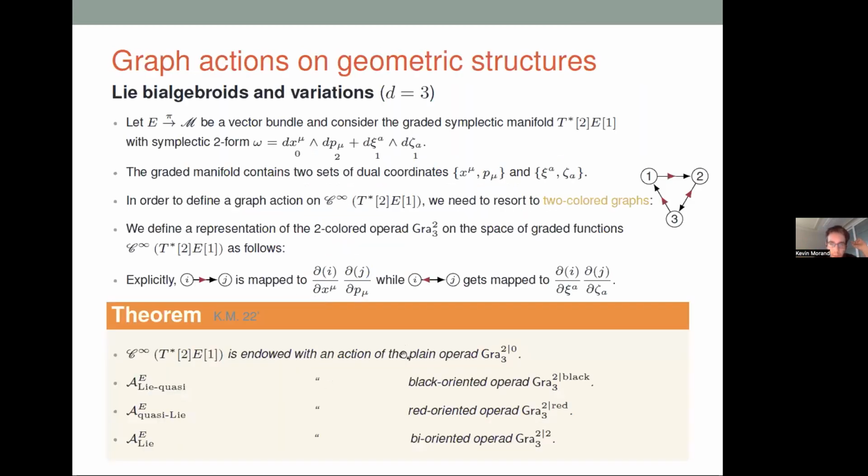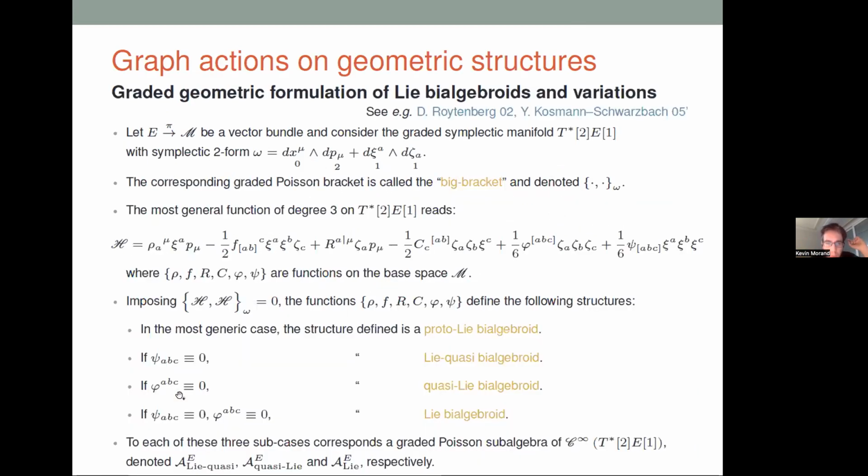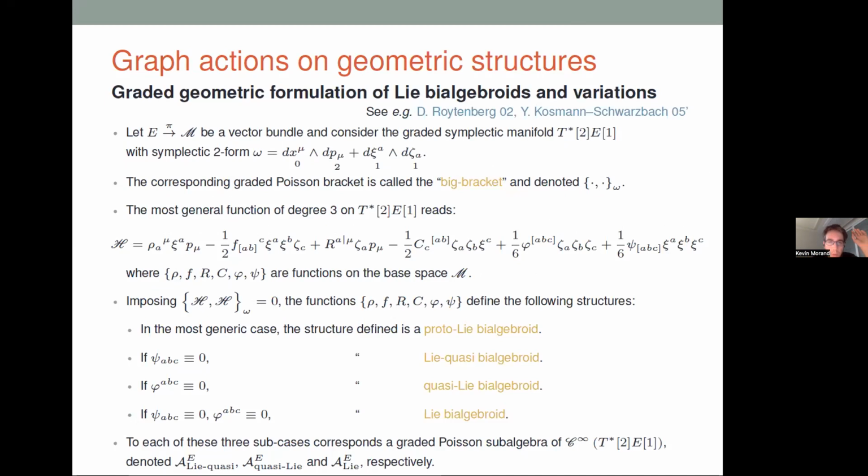Right. So indeed, there is a notion of proto-Lie bialgebroid when you introduce both this covariant form and this contravariant form. So in this case, there is some action, but this is yet another category. Maybe I can show you.